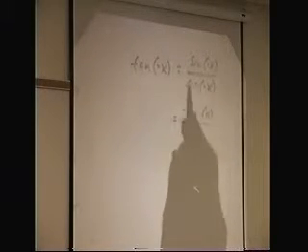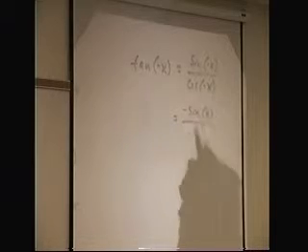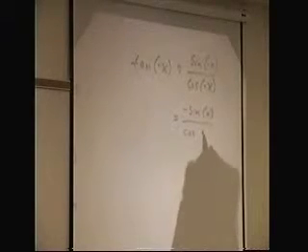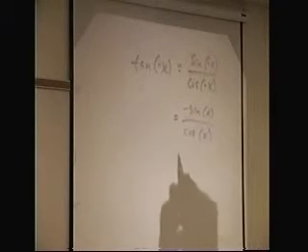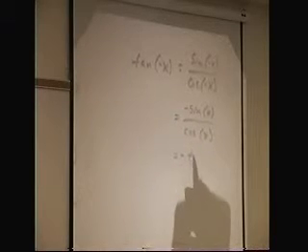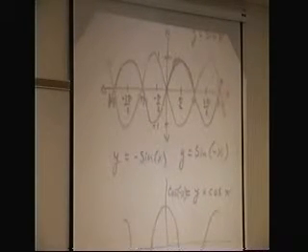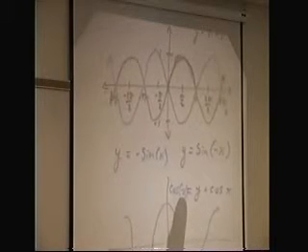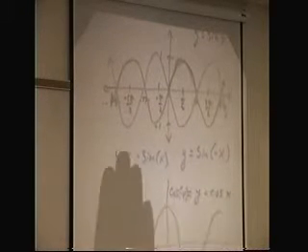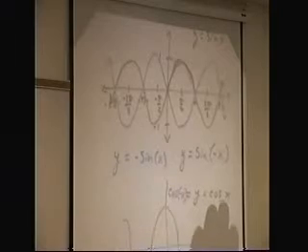And isn't this the same as positive cosine x? And what is this? Take the negative x. They're reflecting this way. Aren't these the same?